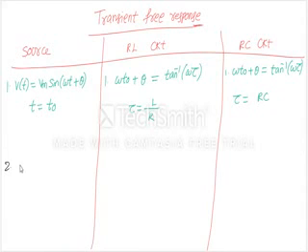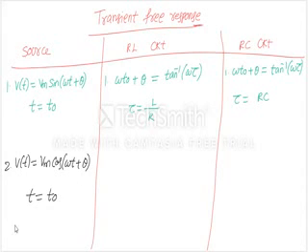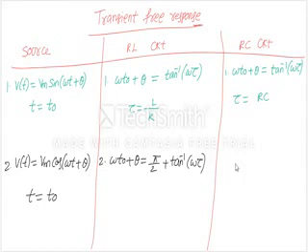Now let us say this is the harmonic function in the form of Vm cos of omega t plus theta. The switch is closed at t equal to t naught. In this case, omega t naught plus theta is equal to pi by 2 plus tan inverse of omega tau.